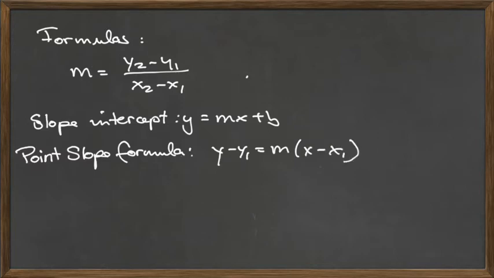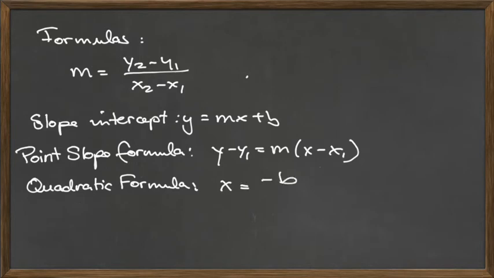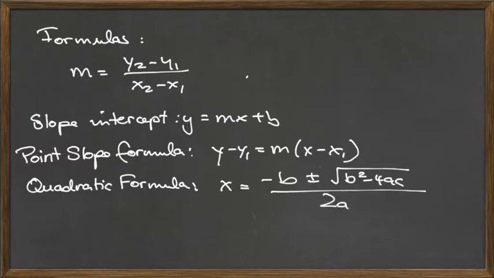And the other, the most famous of them all, the quadratic formula, x equals the opposite of b plus or minus the square root of b squared minus 4ac, all over 2a.